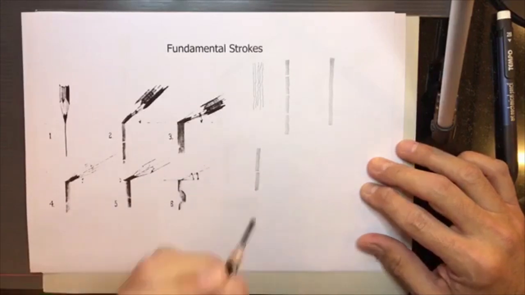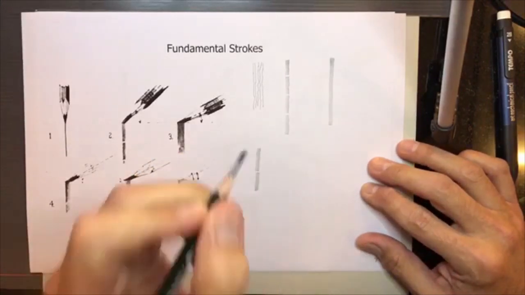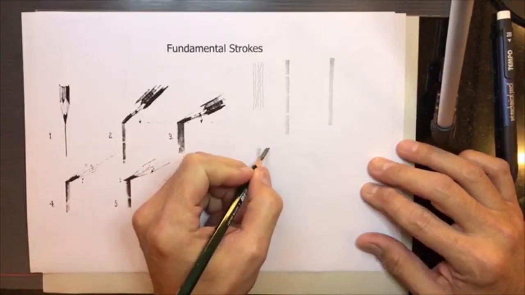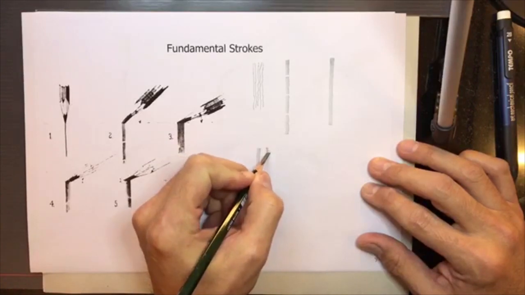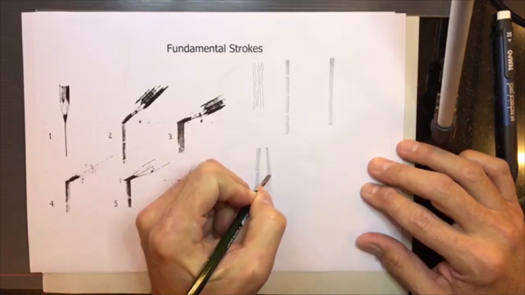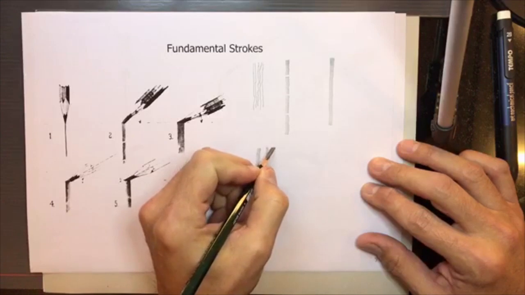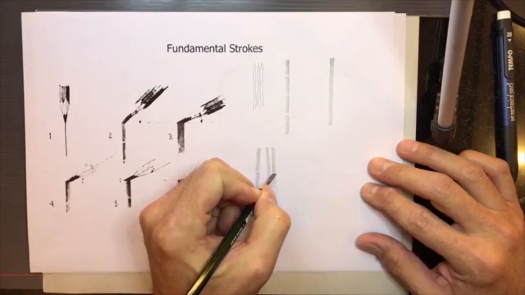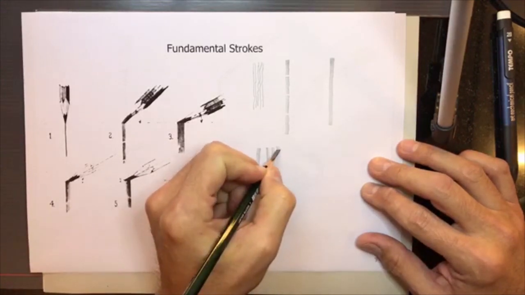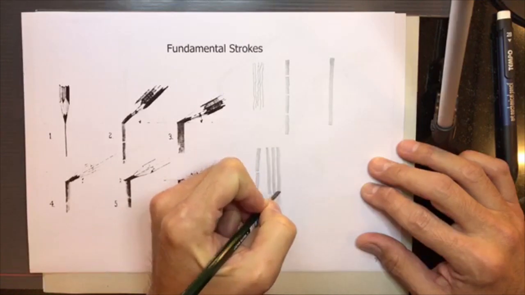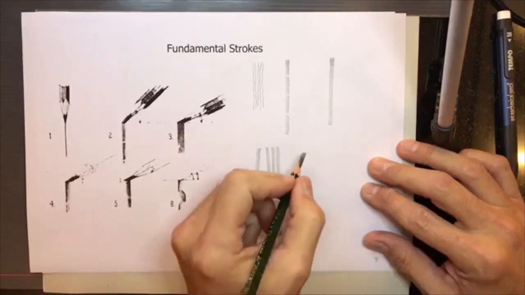This one, we press your hand just one side, so the line is not equal, right? You see. Or like this.